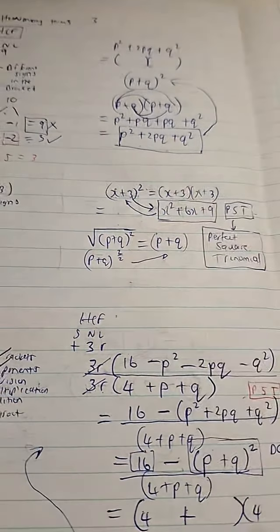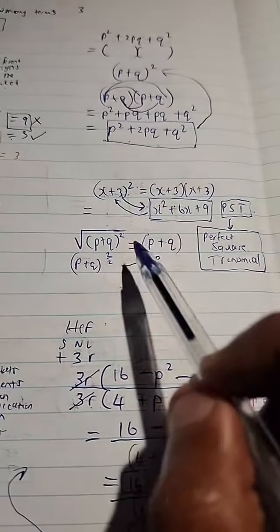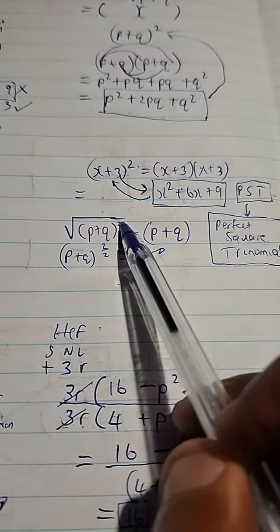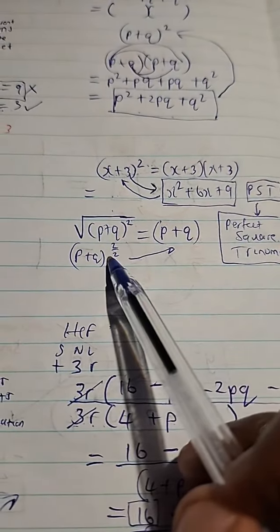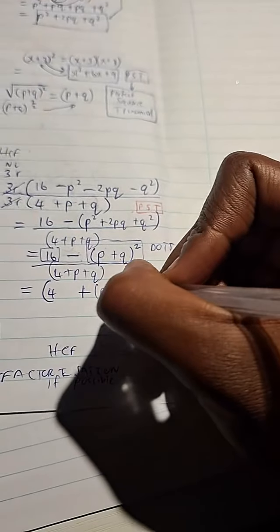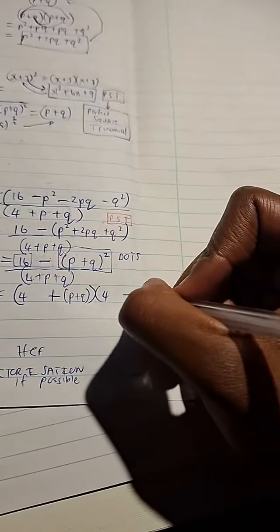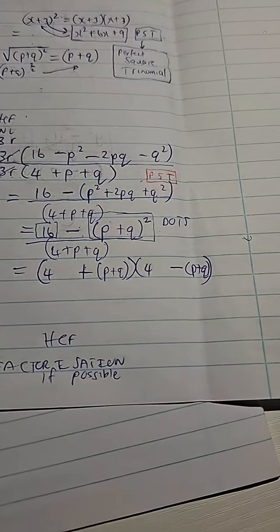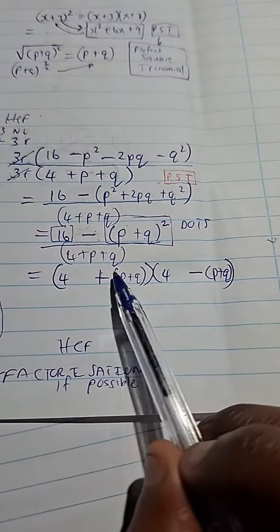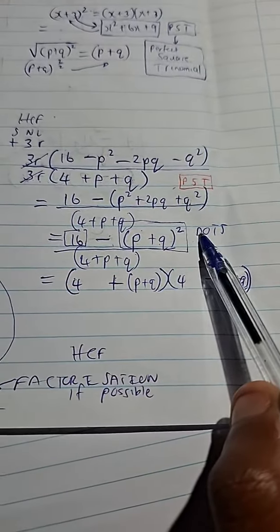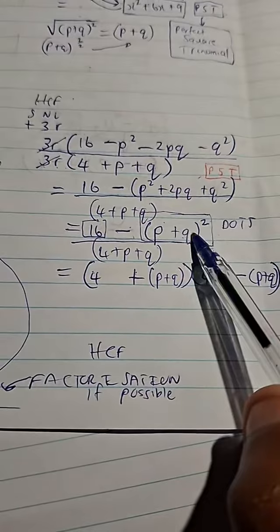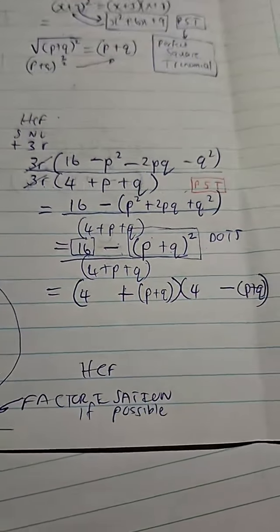So here I'm going to write p plus q, and here I'm going to write p plus q. Guys, do you see this? I've just applied difference of two perfect squares to the numerator.